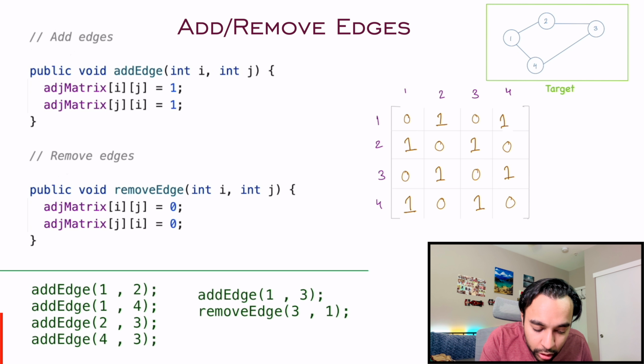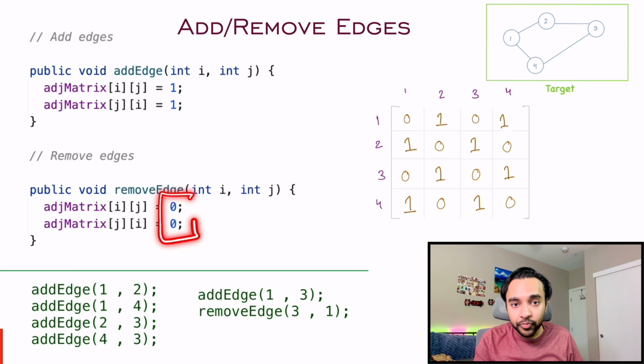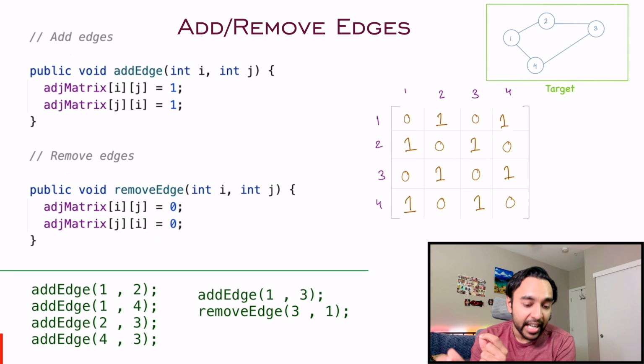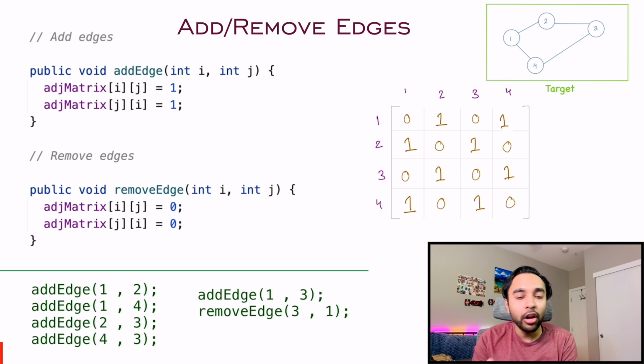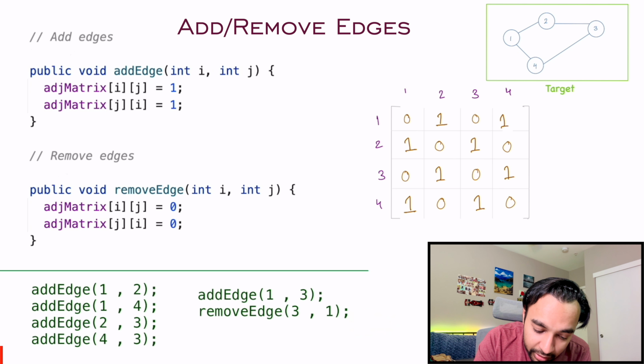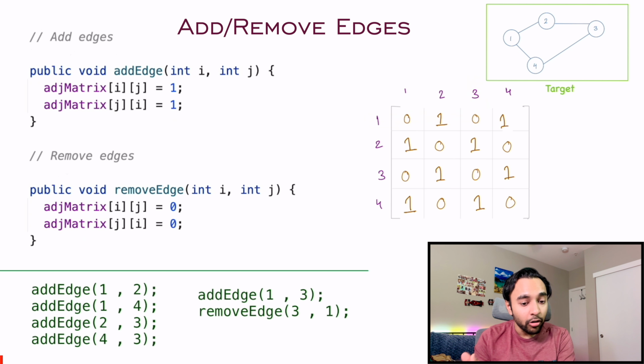Just simply go through the row and column of both of the matrix and then put the value 0 in here. So if you had added an edge 1, 3, then you can remove the edge 3, 1 or 1, 3. And then it will change the value 3, 1 and 1, 3 and it will change them to 0. So that is how you add and remove edge in your graph.